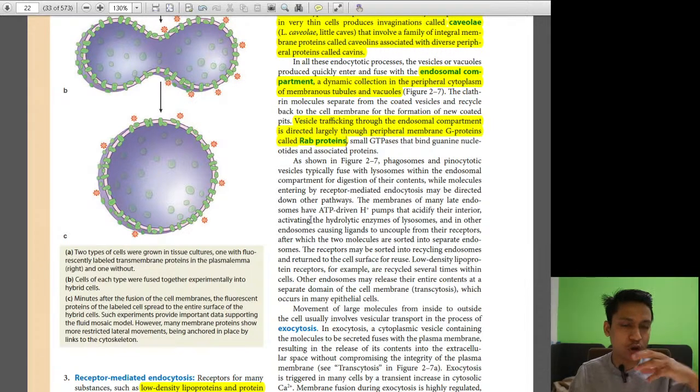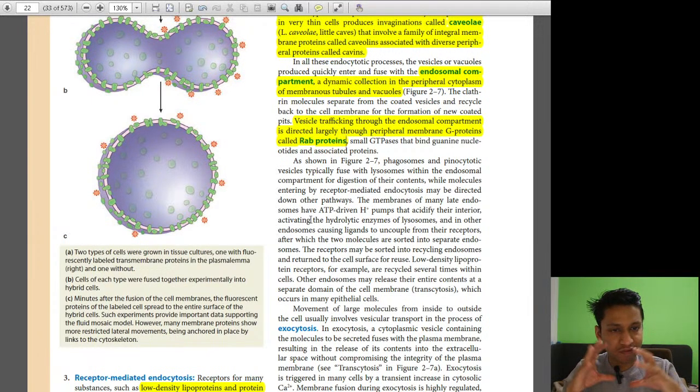We have a hormone and we engulf it and create a vesicle. This vesicle is called a coated vesicle because it has a coating of this clathrin protein. This vesicle travels to a big pool of endosomal compartment where all the vesicles are emptied, and this coat protein, the clathrin protein, travels back to the plasma membrane for creating new coated pits.